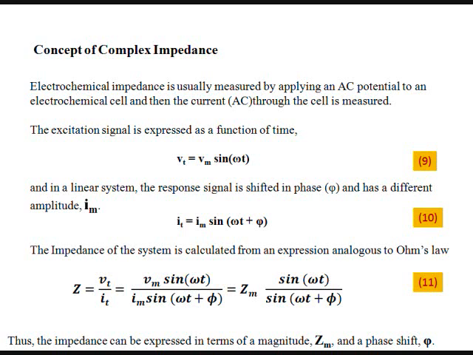In a linear system, the response signal is shifted in phase phi and has a different amplitude Im, as given by equation 10. The impedance of the system is calculated from equation 11. This equation is analogous to Ohm's law, and the impedance can be expressed in terms of magnitude, Zm, and phase shift phi.